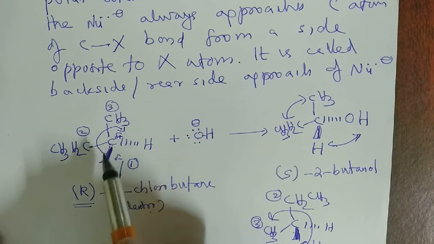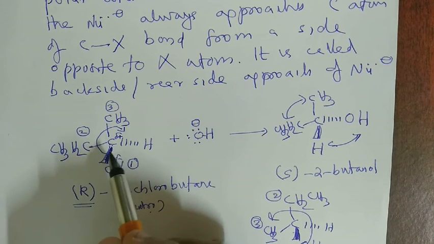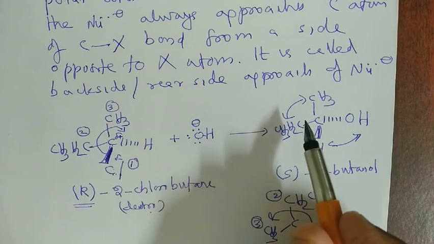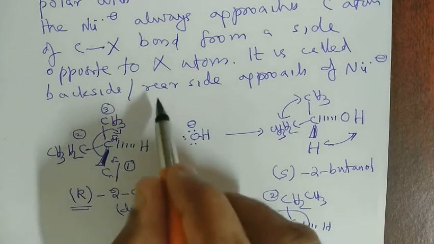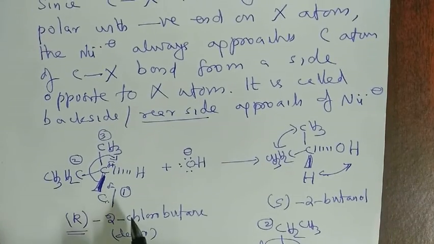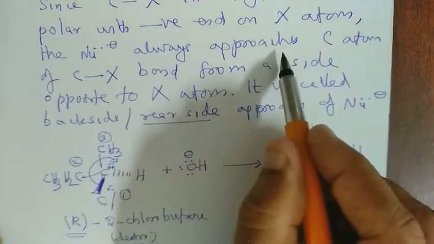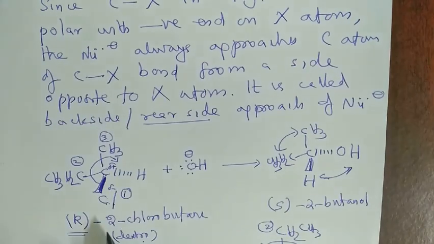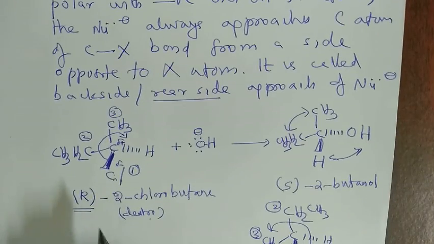Whatever be the direction of approach of the nucleophile, it is always called rear side approach of the nucleophile. Its meaning is that the nucleophile approaches the carbon atom of a carbon-halogen bond from a side opposite to the halogen atom.